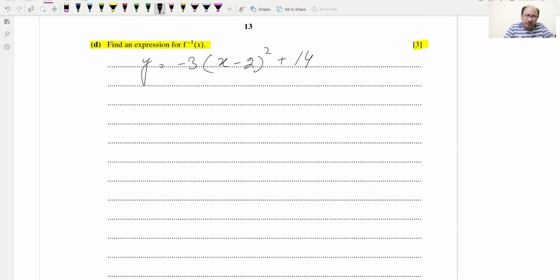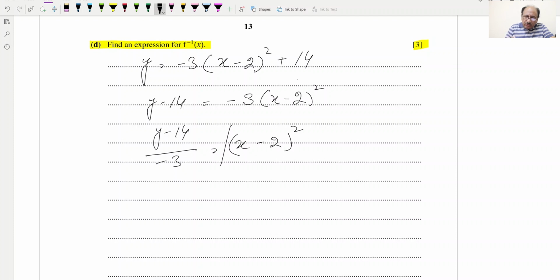Now we have to make x the subject. So first of all, we will shift this 14 to the other side. So it will be y minus 14 is equal to minus 3 into (x minus 2) squared. Now we can shift this minus 3 to the other side. So (y minus 14) over minus 3 is equal to (x minus 2) whole squared.